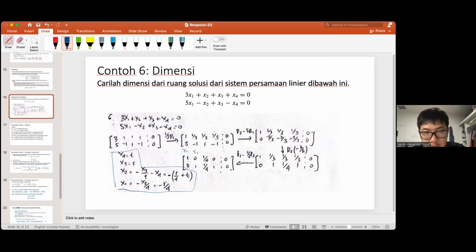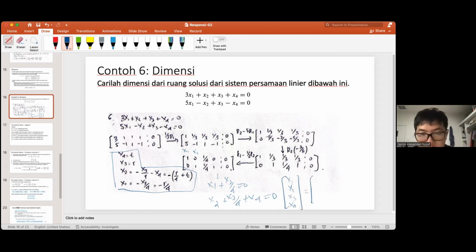So basically, the final equation that you get is x1 plus x3 over 4 equals 0, and x2 plus x3 over 4 plus x4 equals 0. Since we have already expressed x3 and x4 as parameters, then we can find x1 and x2.